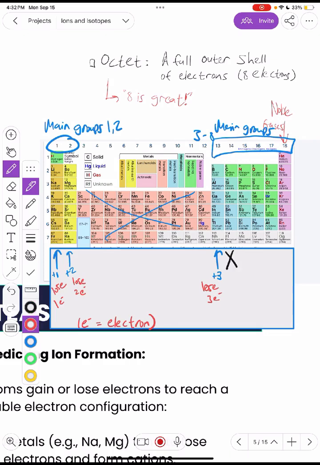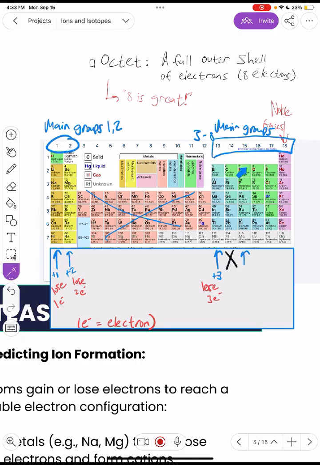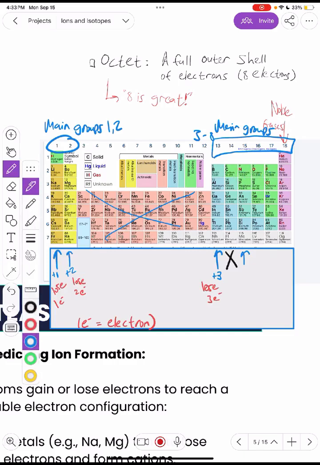But we are going to start getting into the same pattern, but on the opposite side. So group 15 is now like over the hump, right? Now we're going to gain 3 to get to that octet. 8 is great. Gain 3. Gain 2.